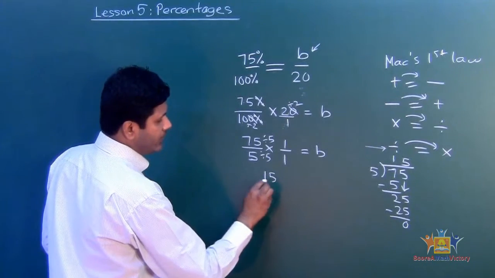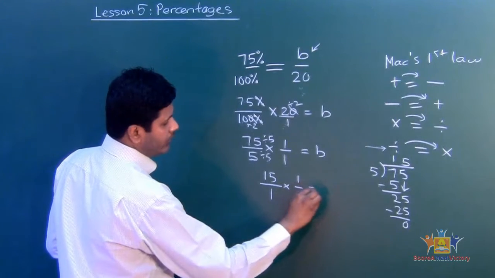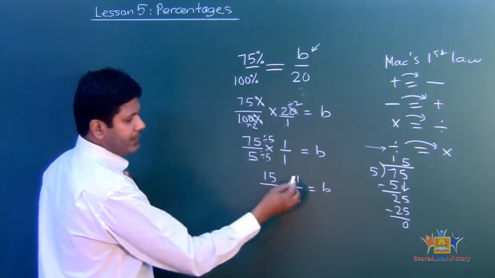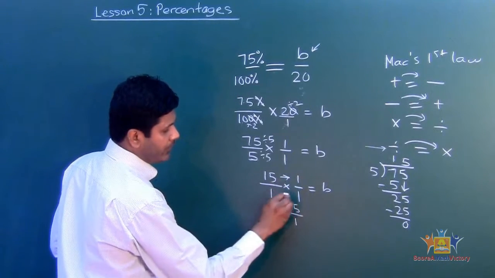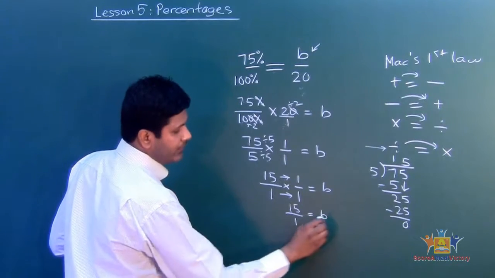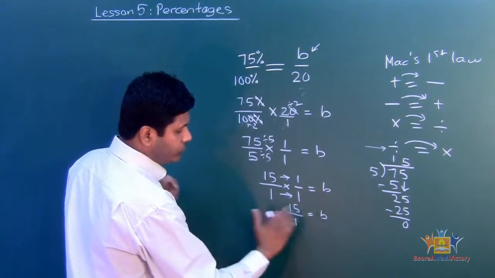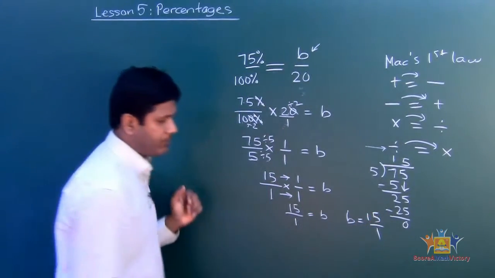So 15 over 1 times 1 over 1 equals B. 15 times 1 is 15. 1 times 1 is 1. We use the double arrow method. Equals B. So 15 over 1 is 15. Now remember, I can also rewrite this as B equals 15 over 1. It's acceptable.